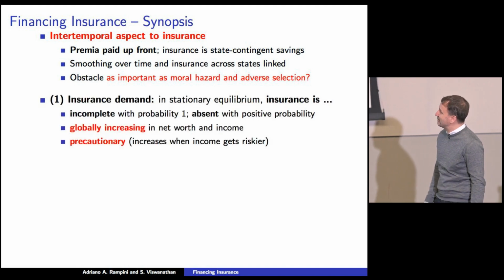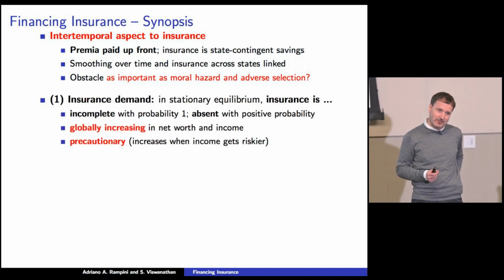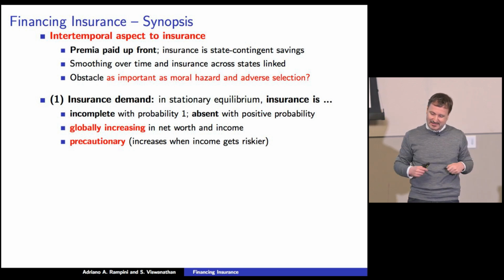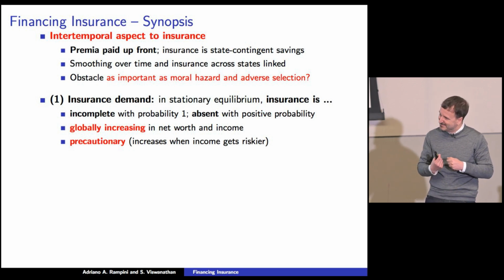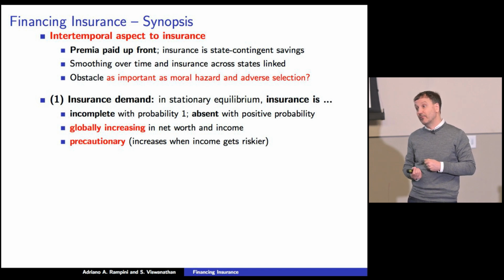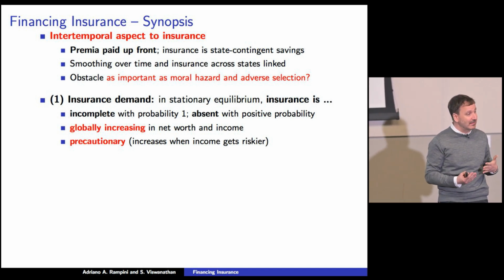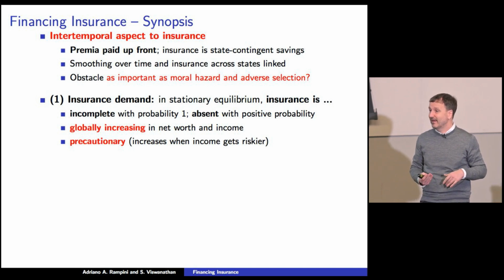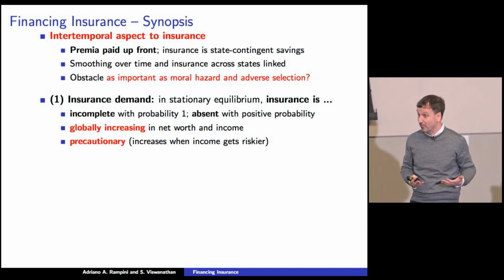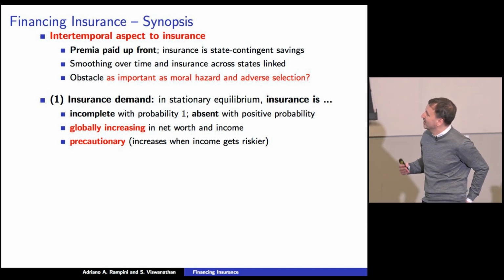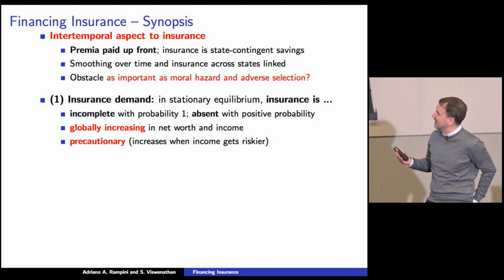So on the insurance demand side, what we're going to be arguing is that the fact that you have this intertemporal aspect is critical in explaining the relation between the extent of insurance and households' income or net worth. Okay? In particular, we're going to write down a dynamic model.